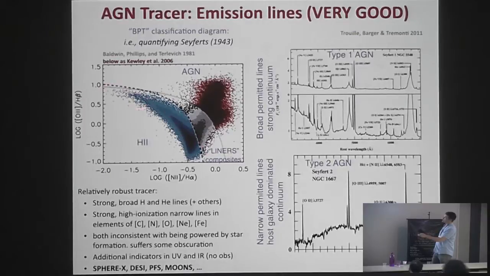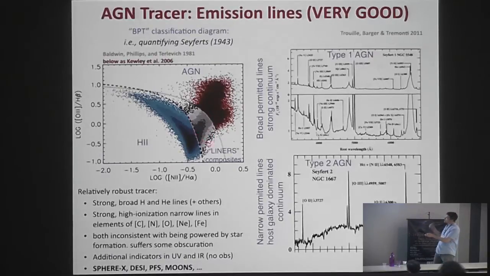You have low metallicity, very young star formation up here, and a little bit older star formation down here. If you move off of that locus of points, you have a different UV radiation field that's powering or pumping the emission lines.